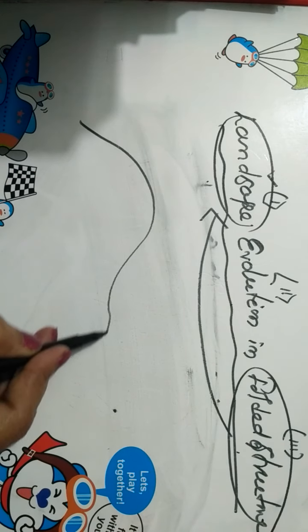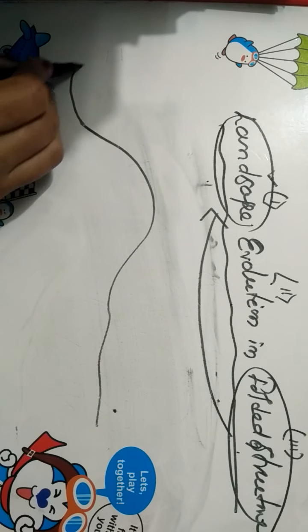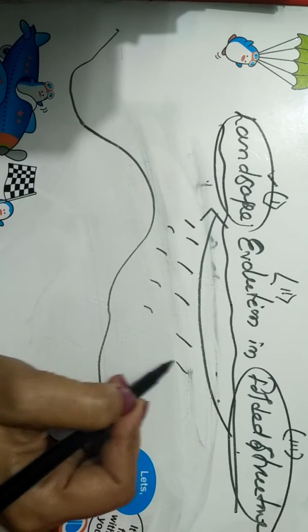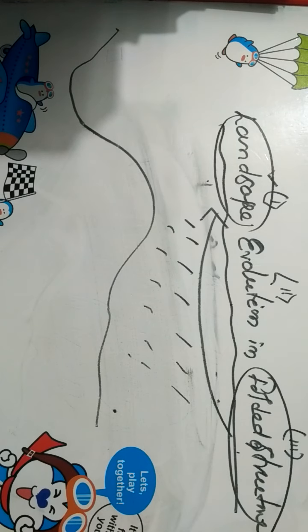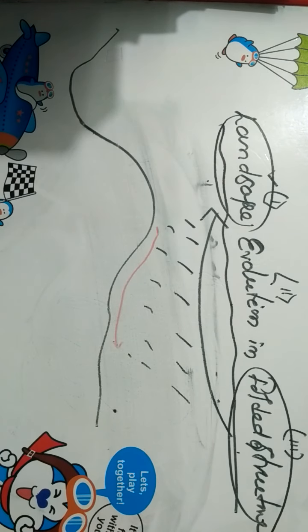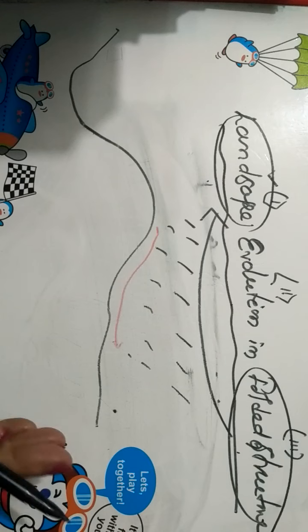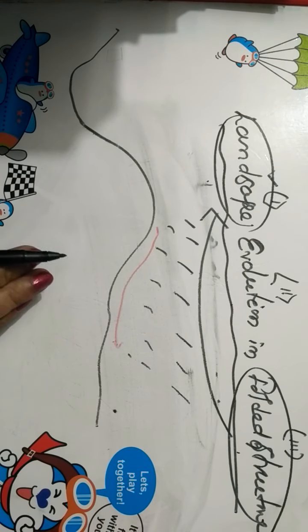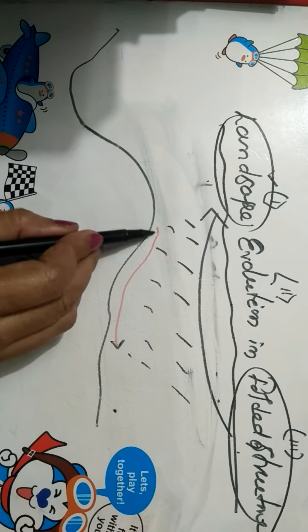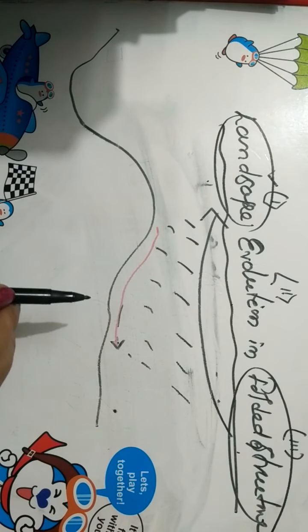Now come to another point. Suppose this is a fold structure, and here it's a humid climatic condition. The obvious result is that this area gets rainfall, so what will happen? The surface runoff comes down. Why? Because surface runoff, or river, normally follows the natural slope of the landform.